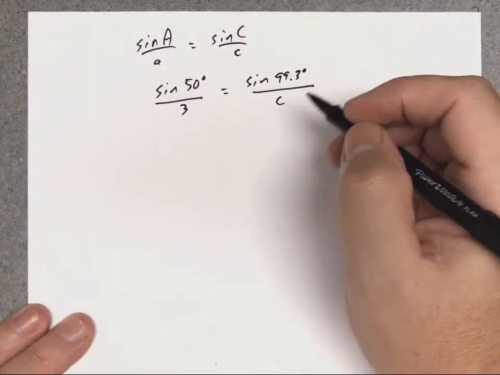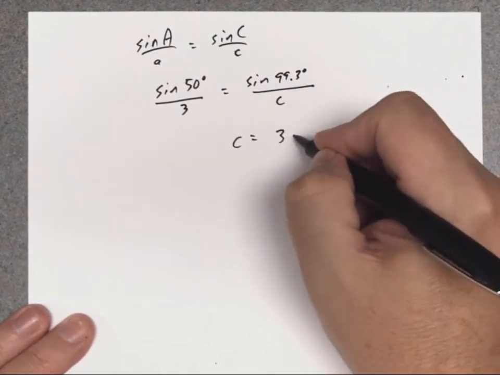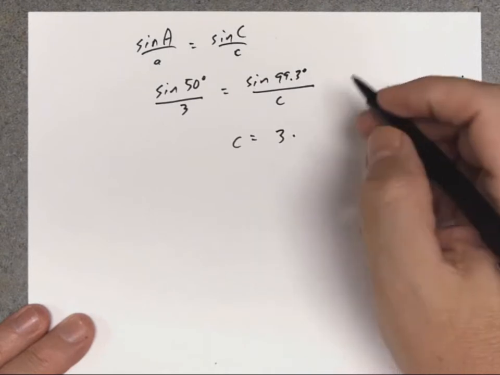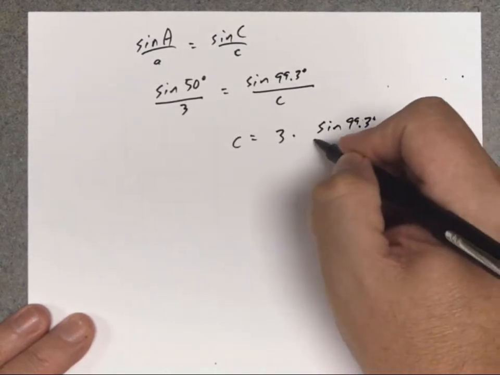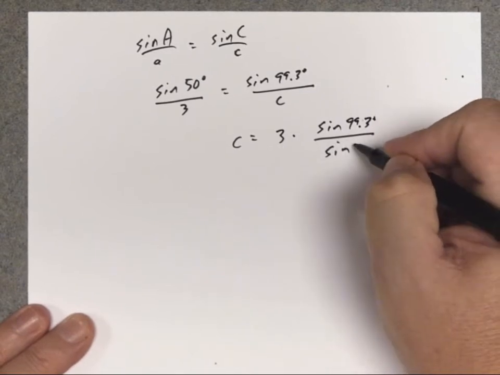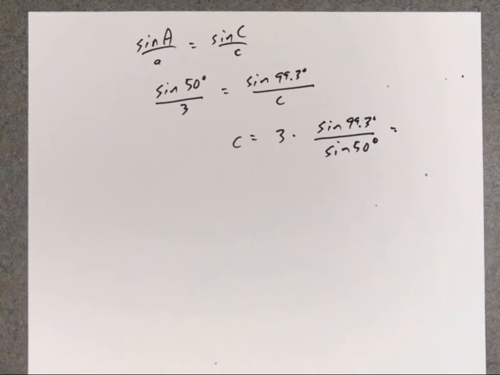If I rearrange, I end up with side C equals 3 times sine 99.3 degrees over the sine of 50 degrees. Then you grab your calculator.